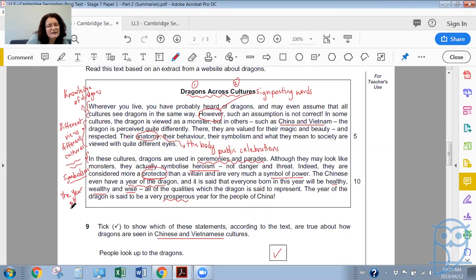Okay. So do you see how you might change your idea when you reread your keywords. You might be like, oh, that's not quite just about the year of the dragon. It's actually more about symbolism, for example. So you choose what your keywords are going to be for each section.